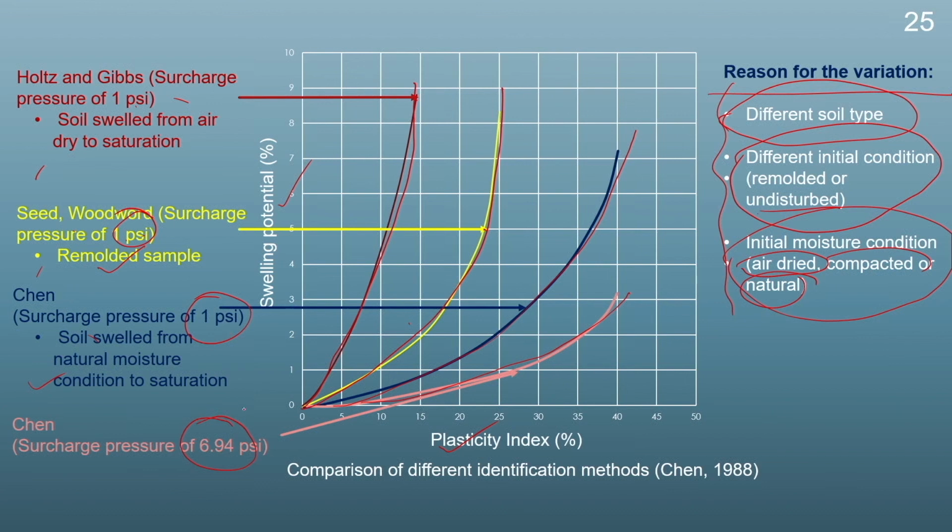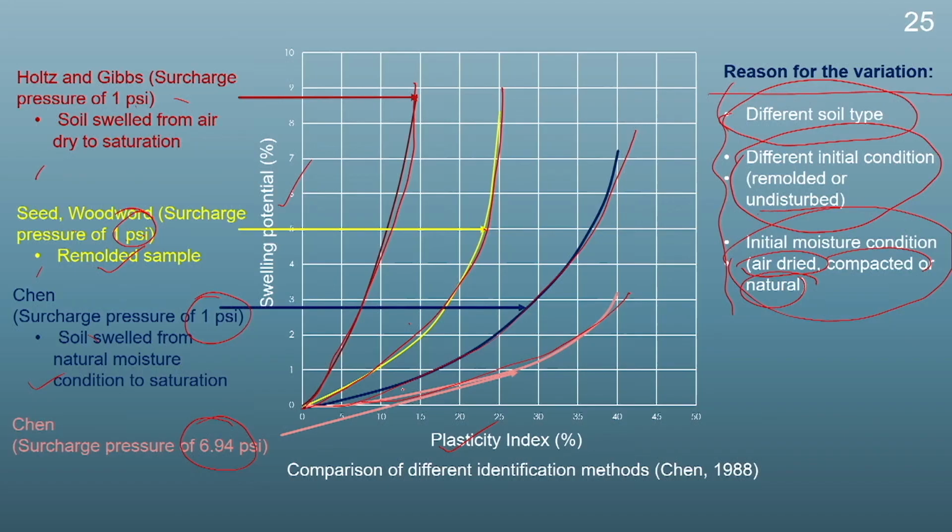So, based on all these testing and initial conditions, we have to use some method which is more identical to our conditions. Based on those criteria, we need to select which method to adopt for classification of the soil.